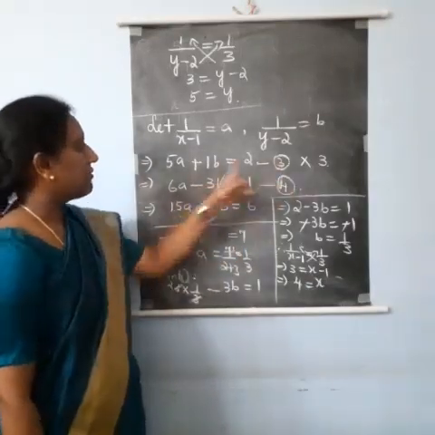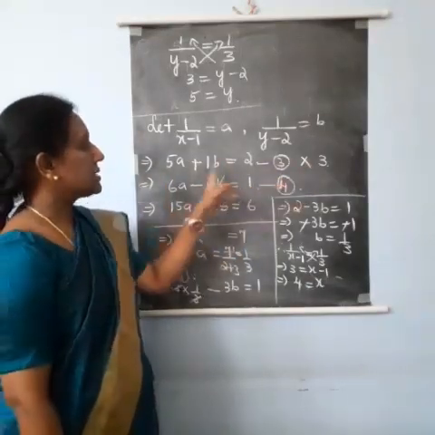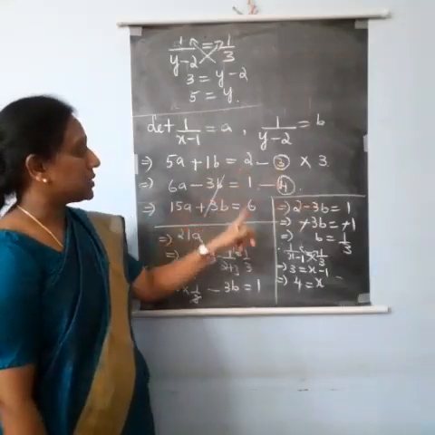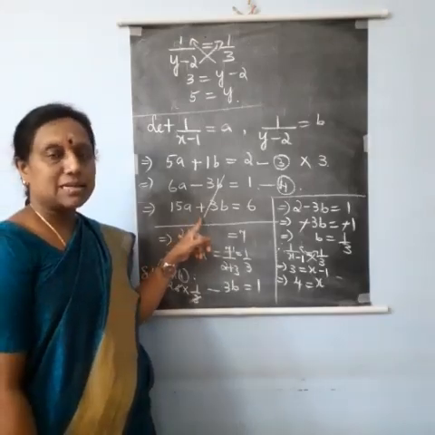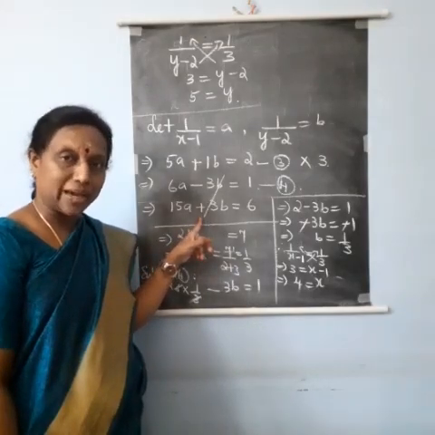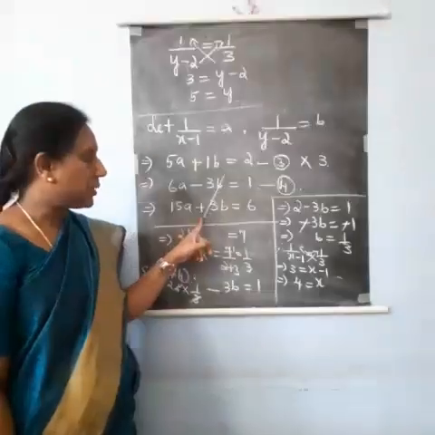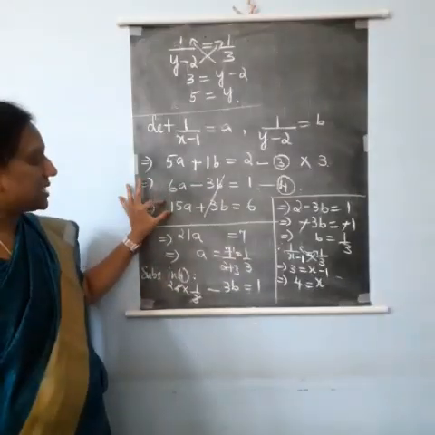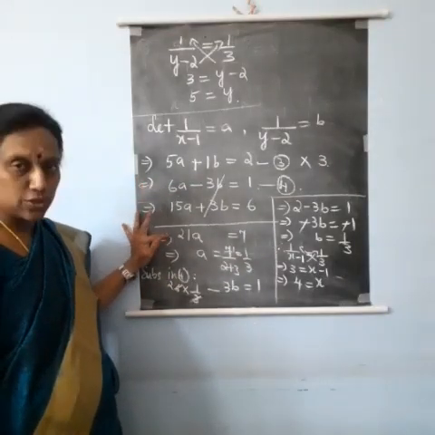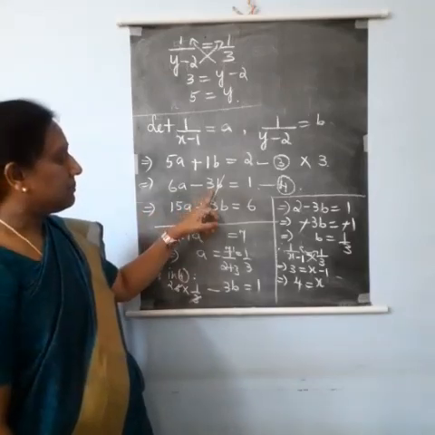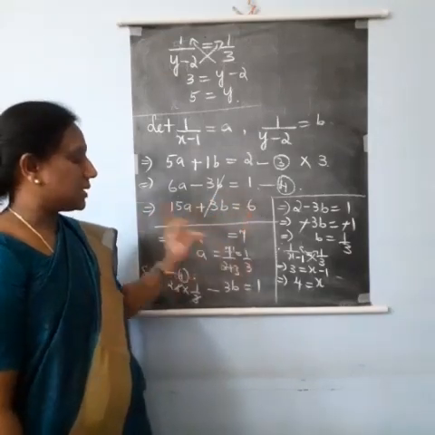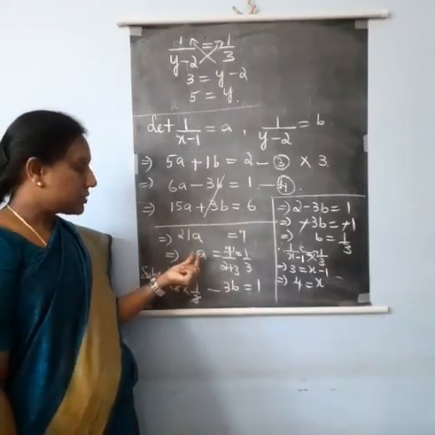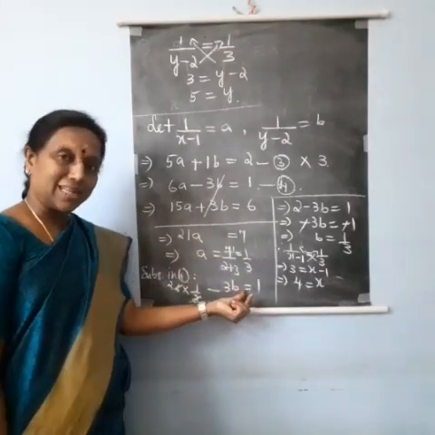That is 3 5s are 15a plus 3b equal to 3 2s are 6. Now since the signs are already opposite, I don't have to subtract, I'm going to add. So when I add, what happens? 6a plus 15a equal to 21a, minus 3b and plus 3b cancels out, and 1 plus 6 equal to 7. I have transposed and got the value of a as 1 by 3.